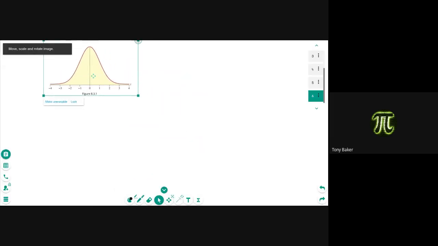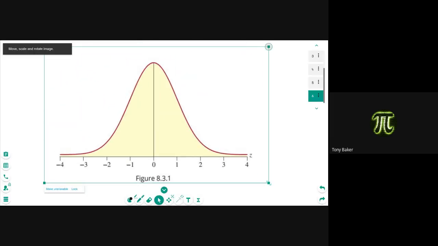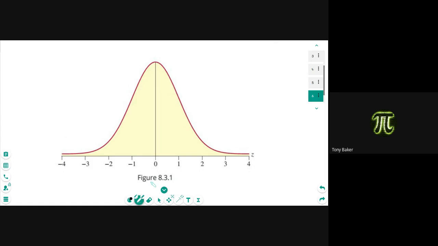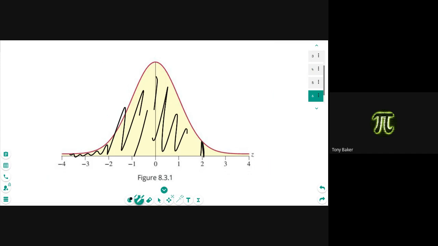So here's my normal bell curve. If I want to find the area or the probability all the way up to 2, we could use the empirical rule because I'm going up to 2 in this case.